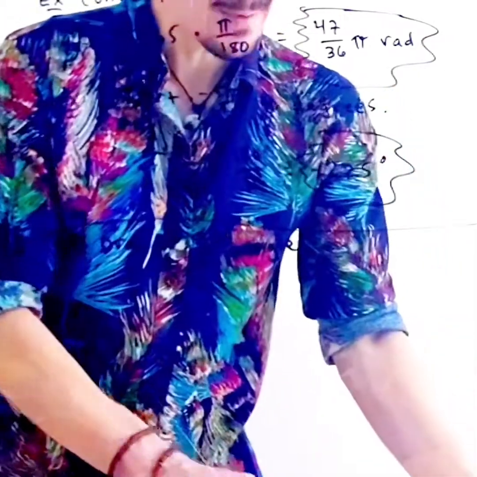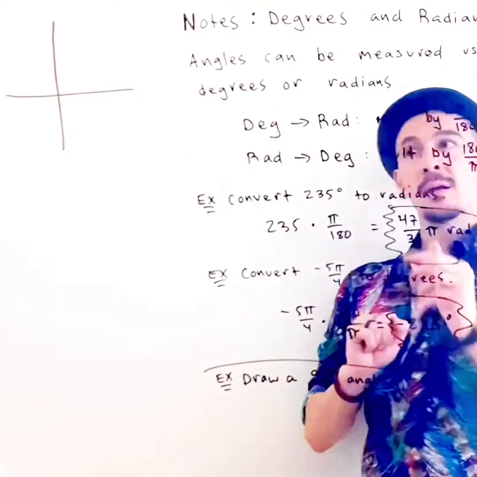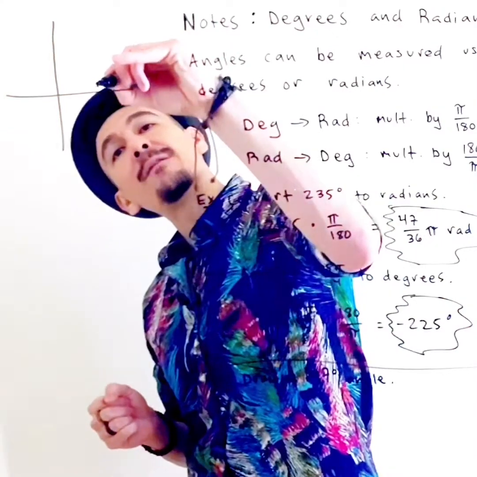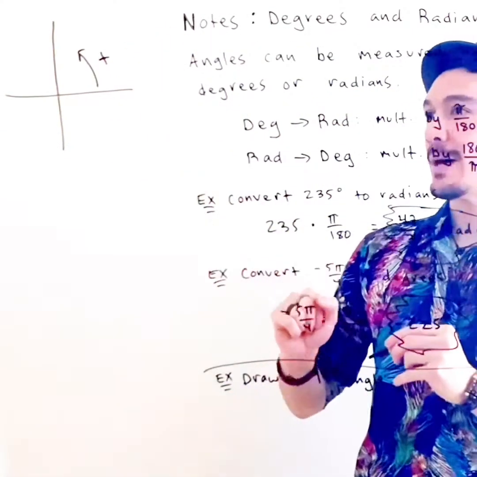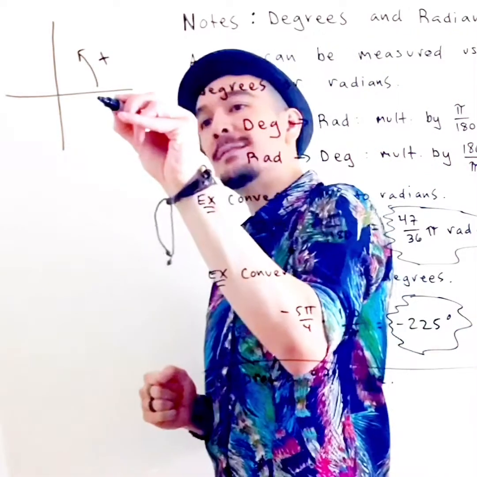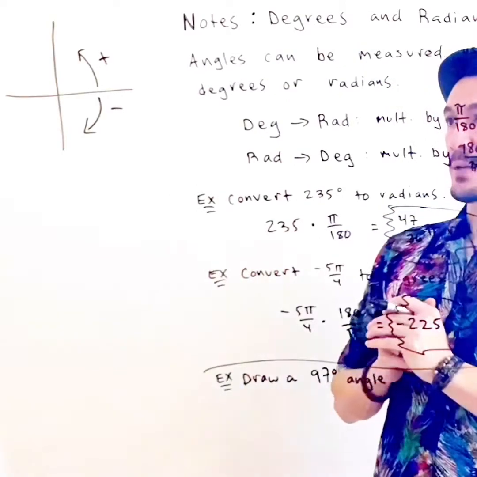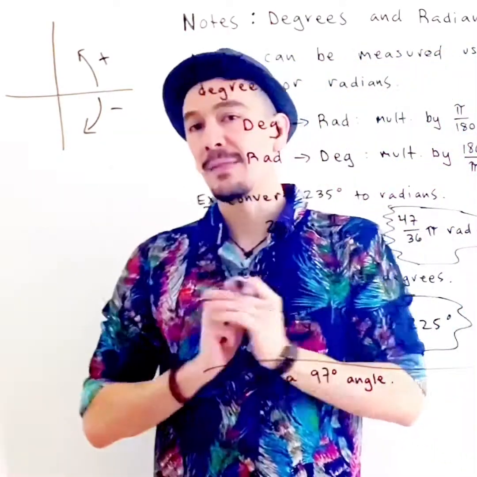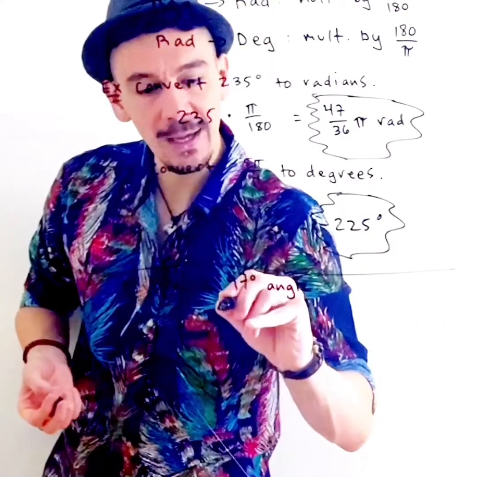So a quick timeout. Before we draw the angle, a really quick FYI: if you want to graph an angle that is positive, you move in a counterclockwise direction. If your angle is negative, you move in a clockwise direction. That's sort of counterintuitive, but that's how that works. So for this one, draw your X and Y axis.